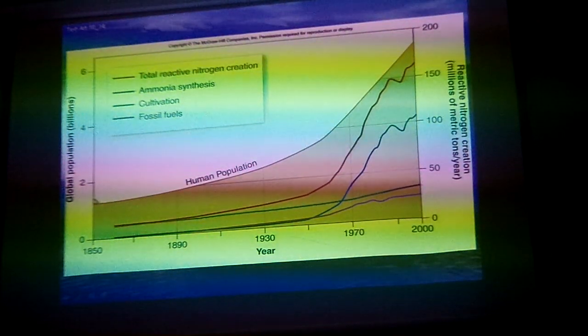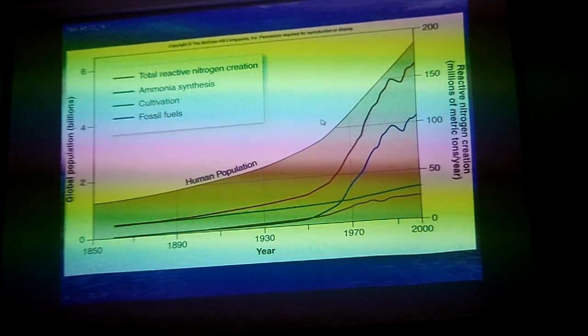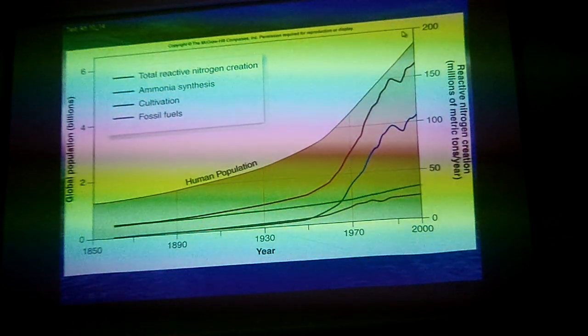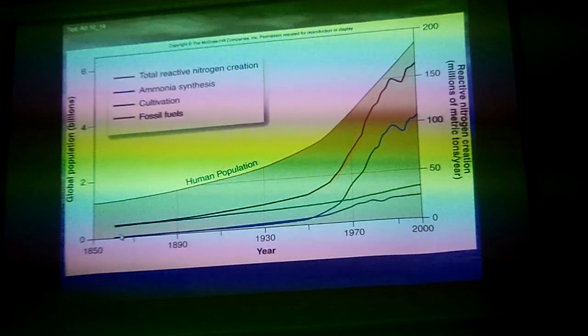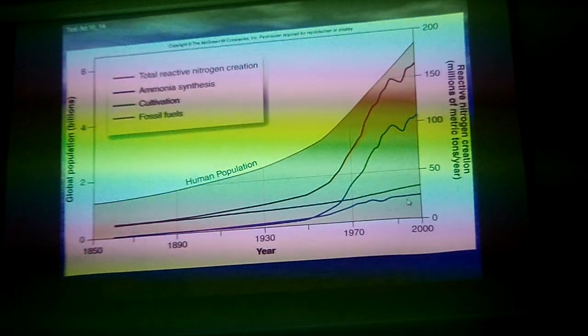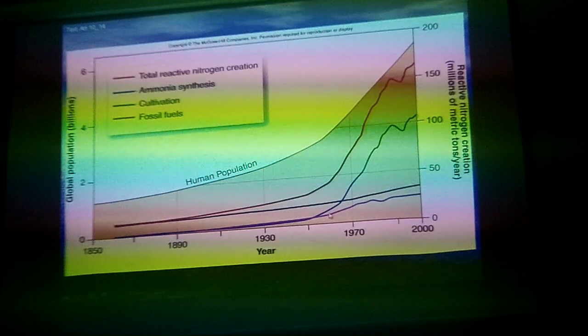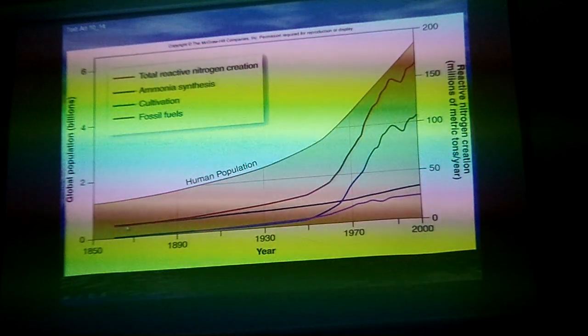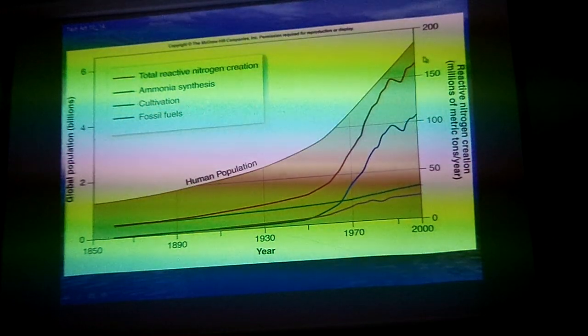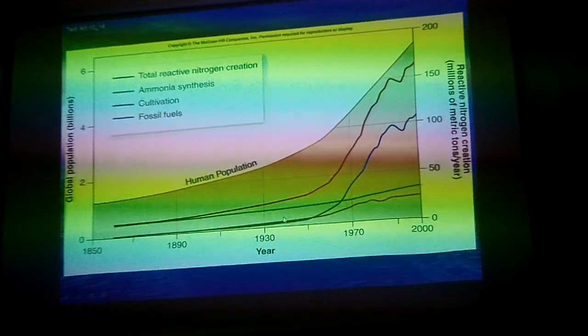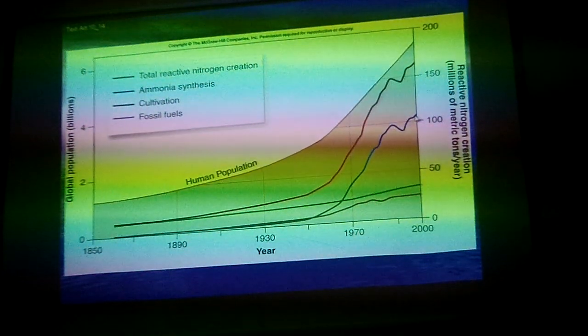This is a graph showing that as human population has increased, we have increased our use of fossil fuels and our amount of nitrogen. This is the total nitrogen that's created, in red. Ammonia is a form of nitrogen.